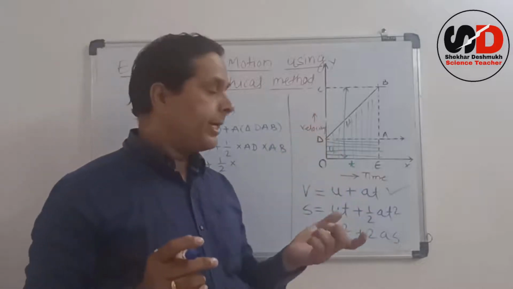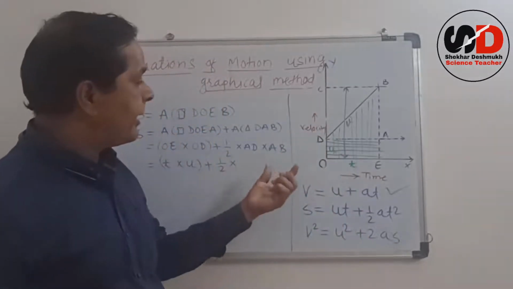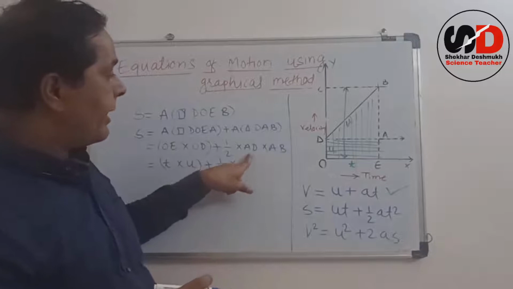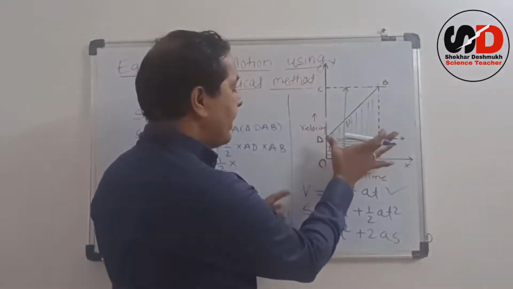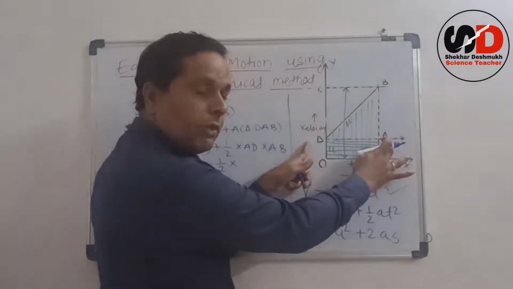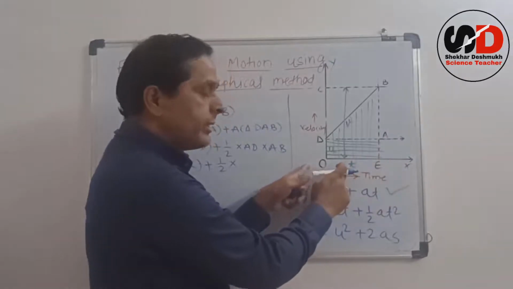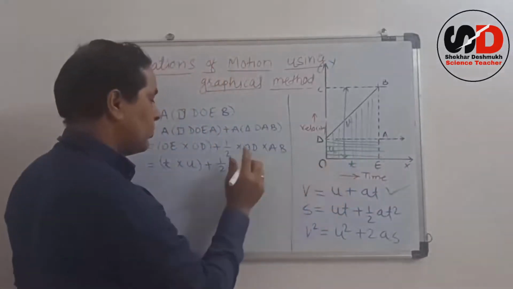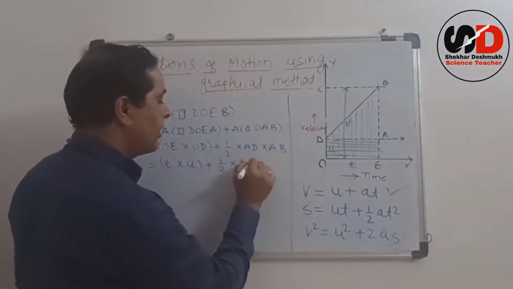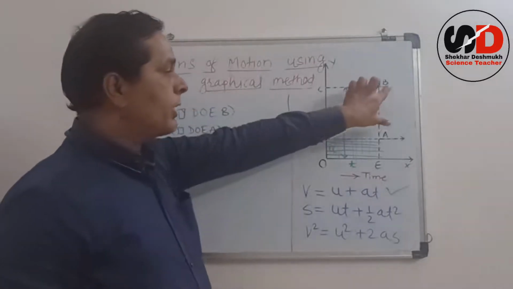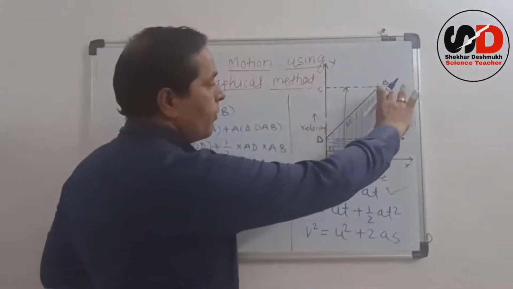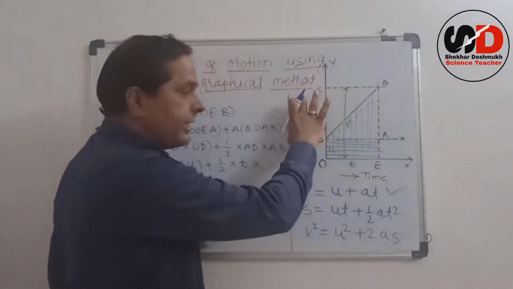What is AD? Where is AD? We know AD is equal to OE, and it is nothing but T. So take it as T into AB. What is AB? We know AB is equal to CD.